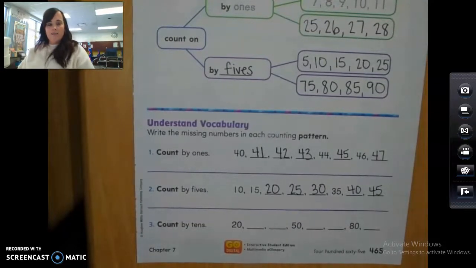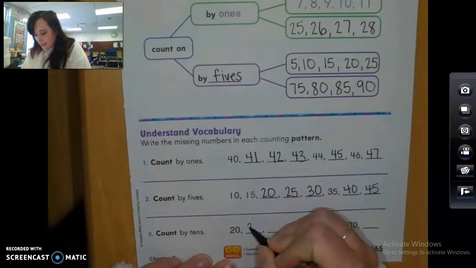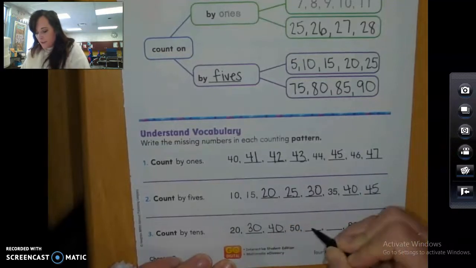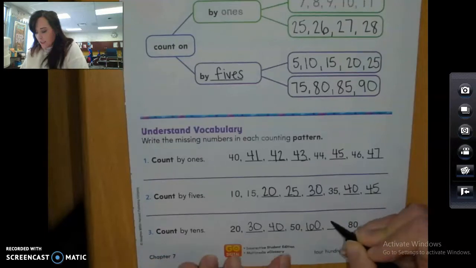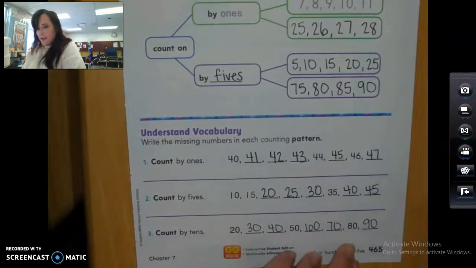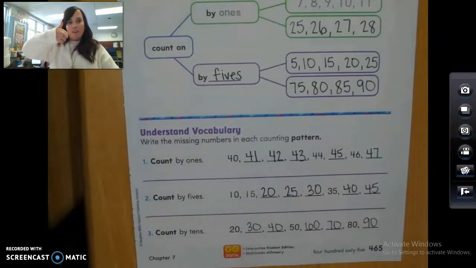Count by tens. All right, let's check it. 20, 30, 40, 50, 60, 70, 80, 90. Perfect. How'd you do? Thumbs up?